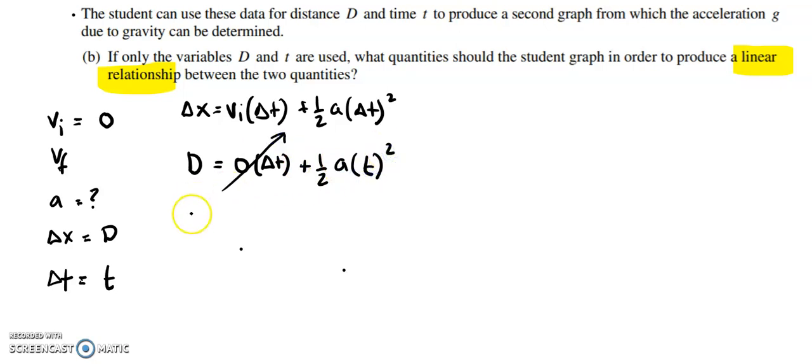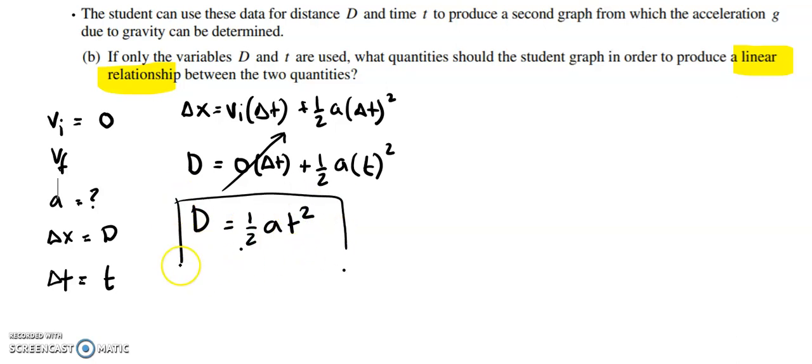The first term disappears, so d is just 1/2 a t squared. I'll box this equation, which represents a relationship between distance and t. I notice there's a t squared in there, and I notice there's a d. Let's figure out now what quantities we need to graph.